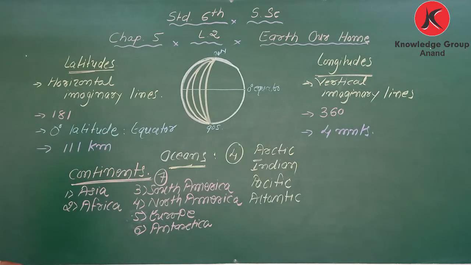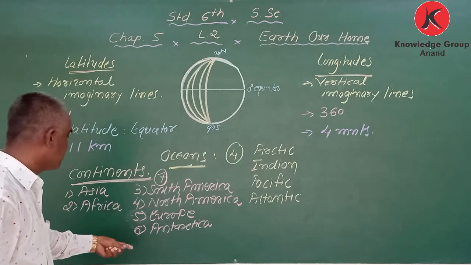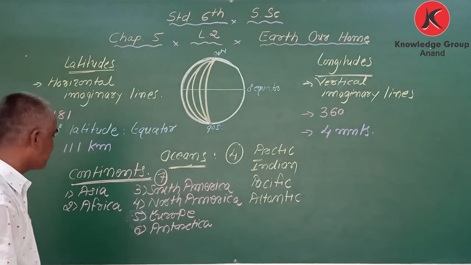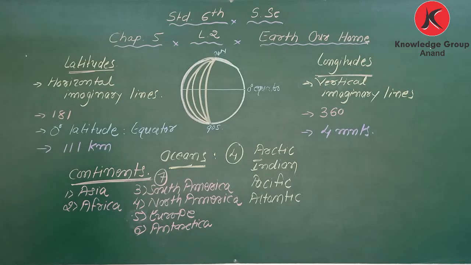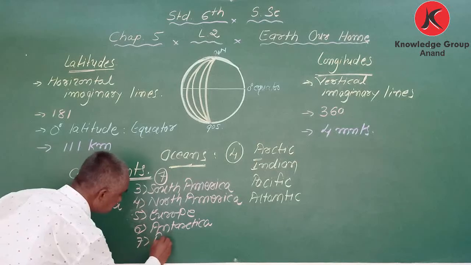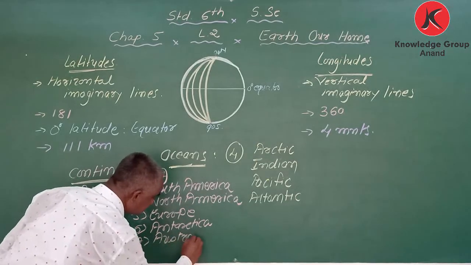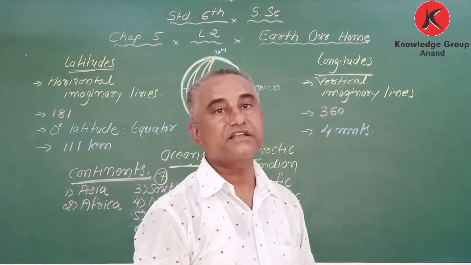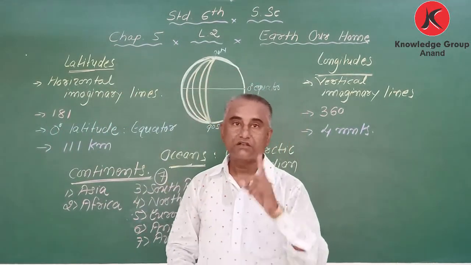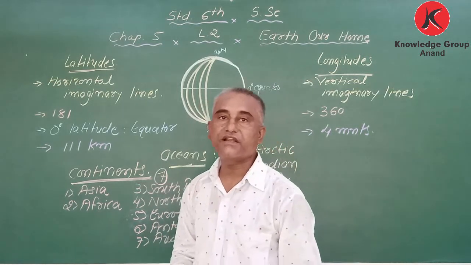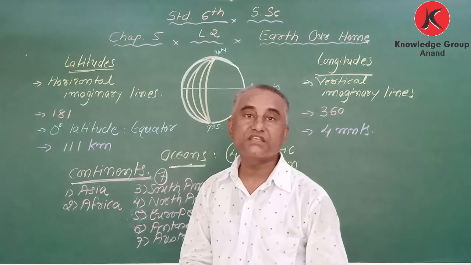And the last one is Australia. Six continents start with A, and only one continent starts with E.